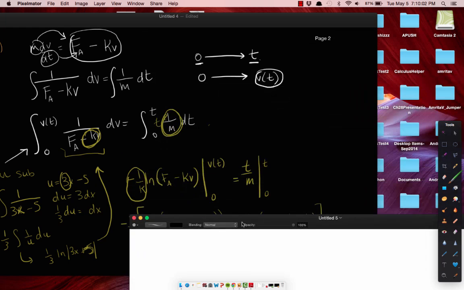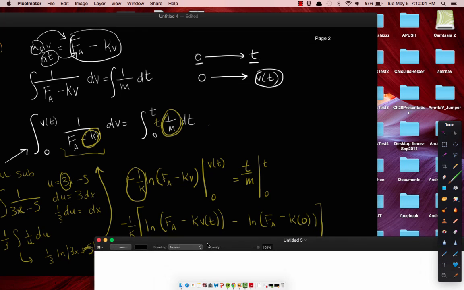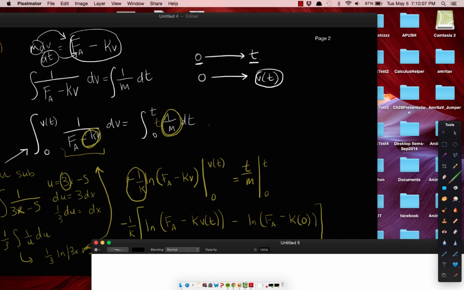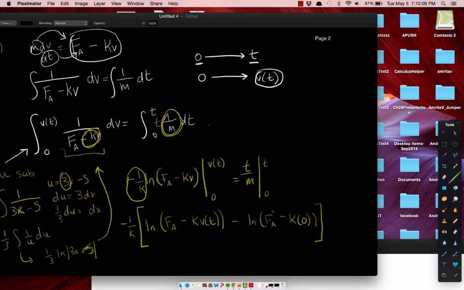Okay, so we got this part. What we're going to do is first realize that k times 0 is going to go to 0.